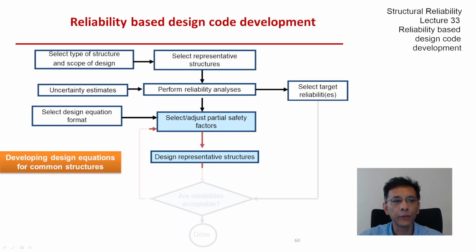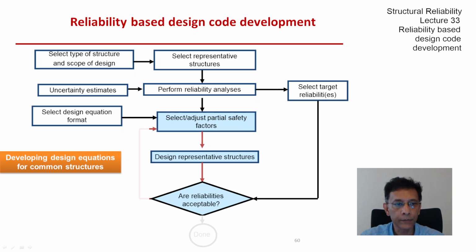The reliabilities that we get, we compare with the target reliabilities, which were either obtained by calibration or other more direct means. If those are acceptable, then we are fine. Otherwise, we keep adjusting, and that's the optimization loop, until we are happy with the outcome. All the optimization constraints have been satisfied.